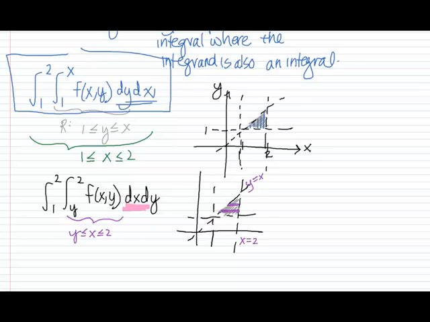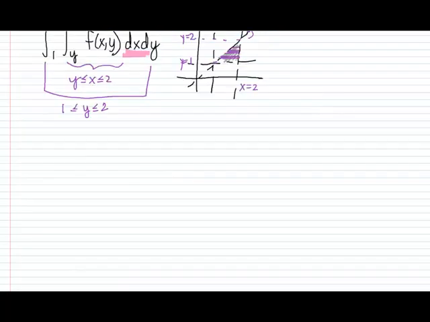And where are we summing up all of these horizontal pieces? The lowest of which is going to be at y equals 1, and the highest of which is going to be at y equals 2, which is why we have as our outside boundary y is between 1 and 2. So we're going to be working more on these with the bounds, but for now we're just going to practice integrating these iterated integrals.